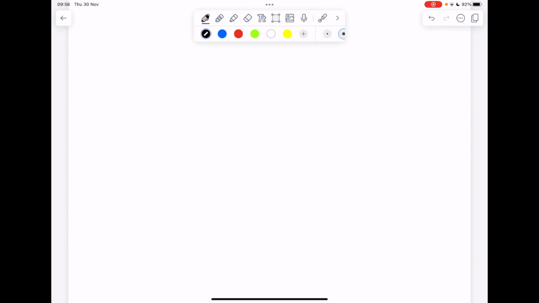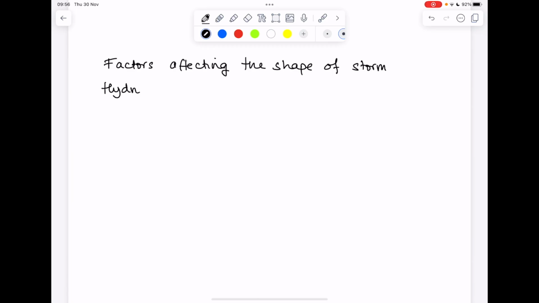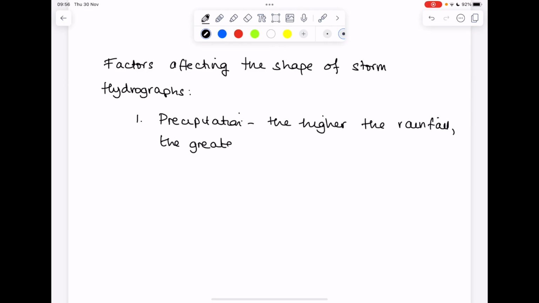So what factors affect the shape of storm hydrographs? Well, firstly, the amount of precipitation or rainfall. Obviously, the higher the rainfall, the greater the river discharge. Next up, human activities.